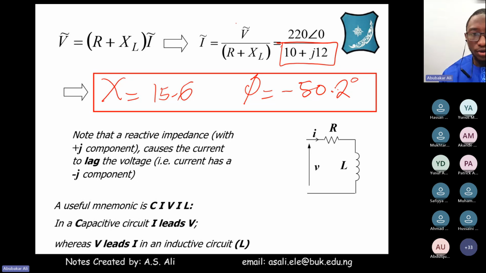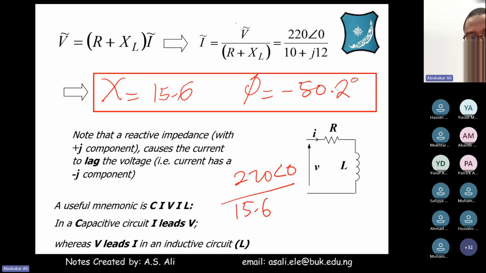All right. So if we are doing phasor division, what do we do? You have 220 angle 0 divided by 15.6 angle minus 50.2. Is it minus 50.2 or 50.2? It's minus 50.2.